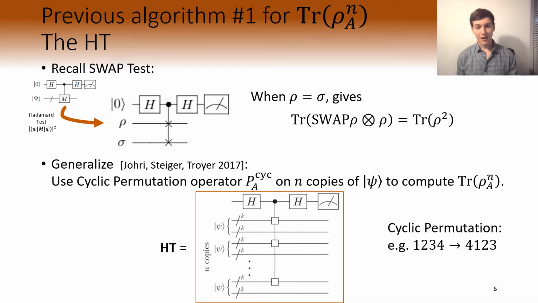Now, this algorithm was generalized by Jory, Steiger, and Troyer, where instead of using the swap operator, they use the cyclic permutation operator, P, on many copies of the state in order to compute trace rho to the n. And so this algorithm, illustrated at the bottom, illustrates that the expectation value against the permutation operator is useful for computing trace rho to the n.